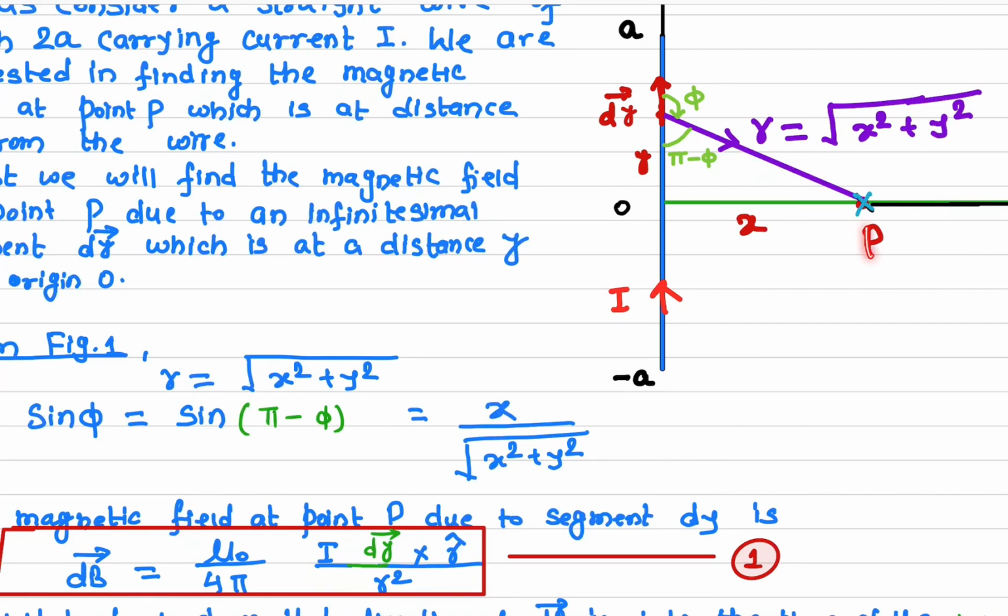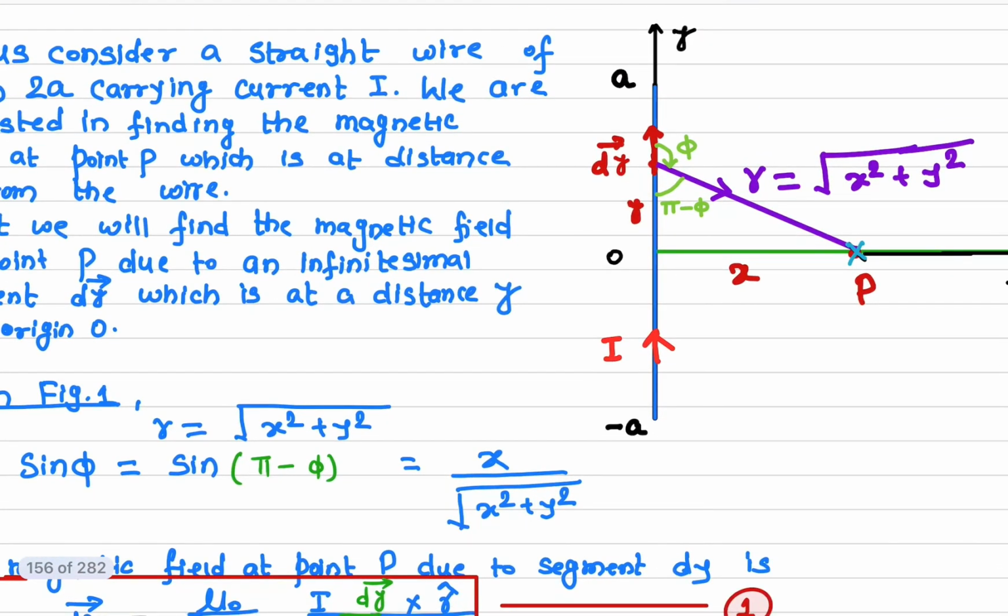So the point P is in the middle of this wire. It could lie anywhere, but just to make life simpler, we have chosen it in between here. It can be here, it can be here, and everything will be included in this video too.